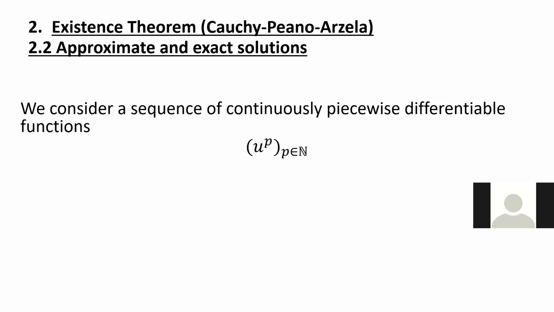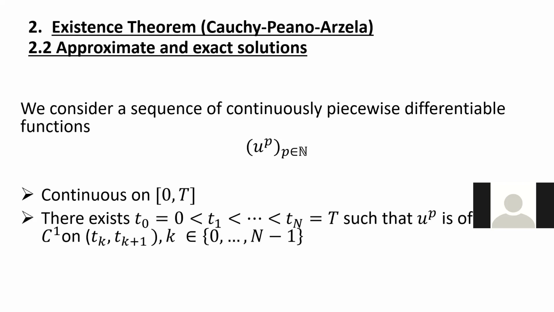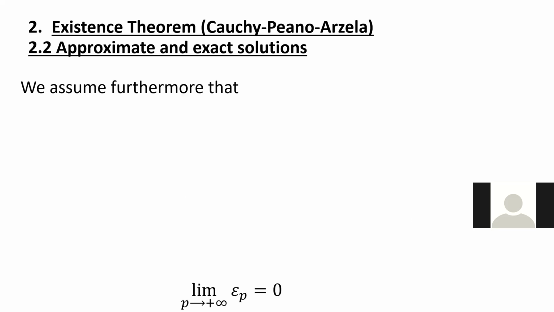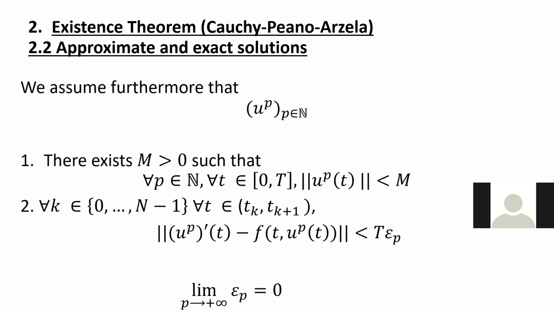So if we have a sequence of continuously piecewise differentiable functions which are continuous, which satisfy those 2 points, I had corrected that, so there's no t here.